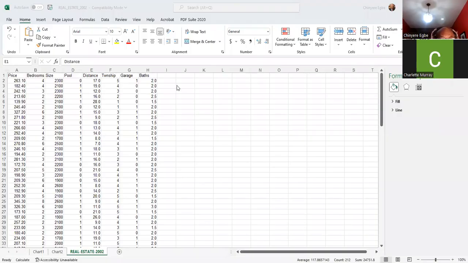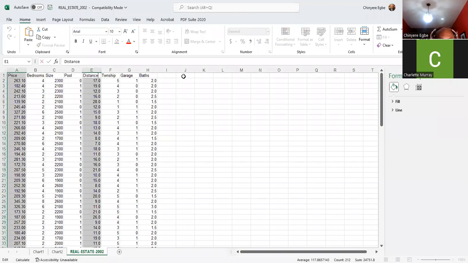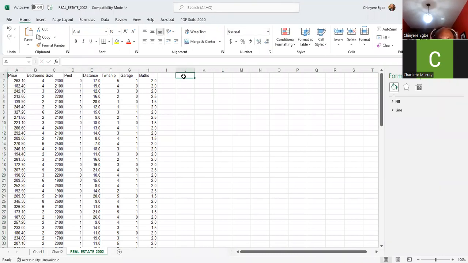So the dependent variable is y, which is price, and the independent variable is going to be x, which is size.